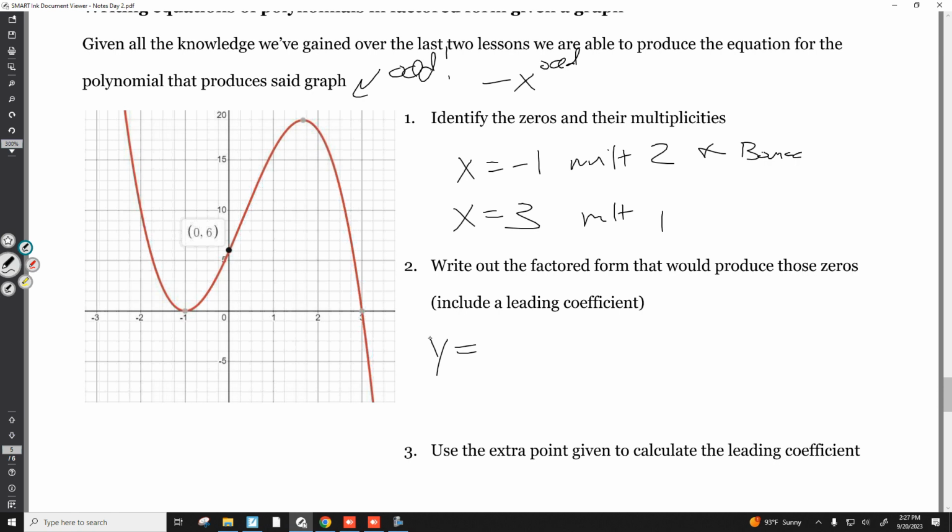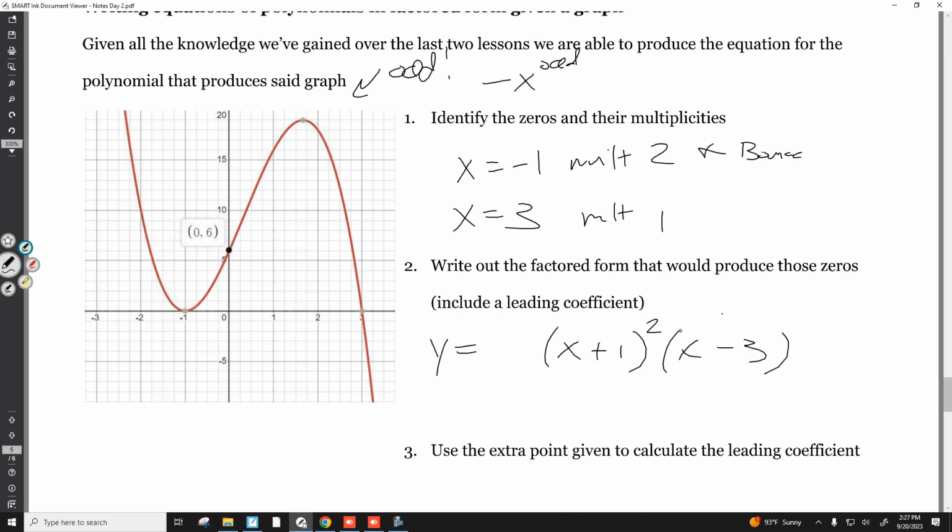A lot of students trip up on this, but hopefully your mistakes last year, you're not going to make this year. X plus 1 must be a factor because when we have x plus 1, -1, there is my 0. So x plus 1 is my factor, but it's going to be squared. And then x minus 3 has to be a factor so that 3 plugged in gives me a 0. Very good. You guys remember that from last year.